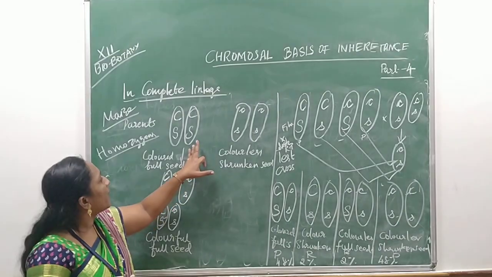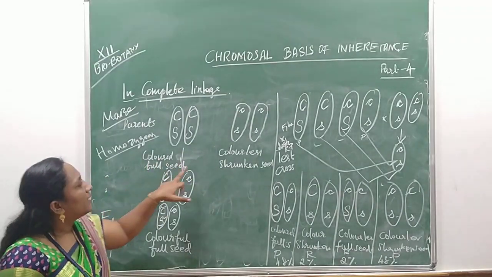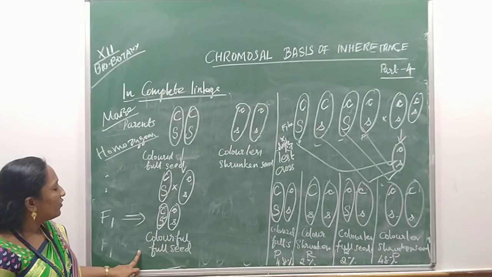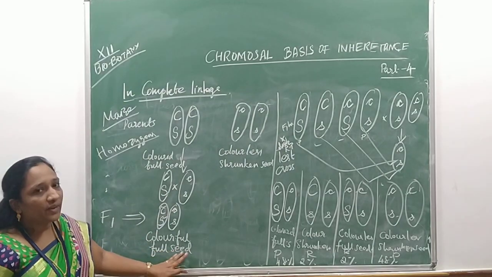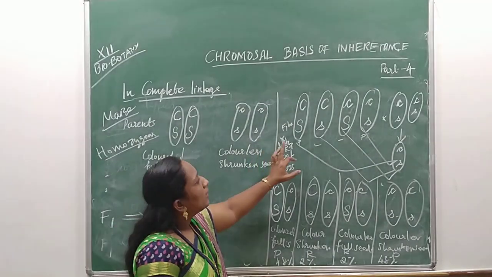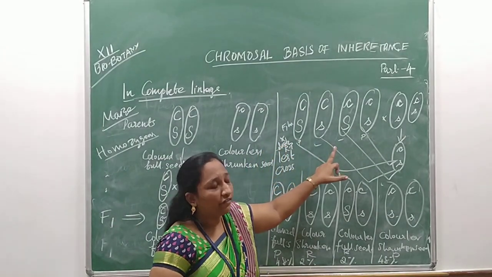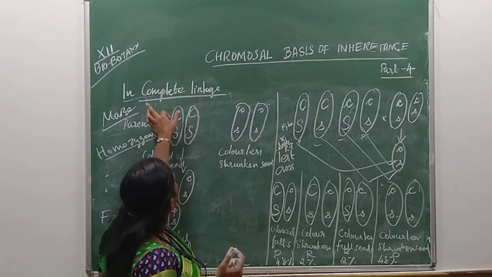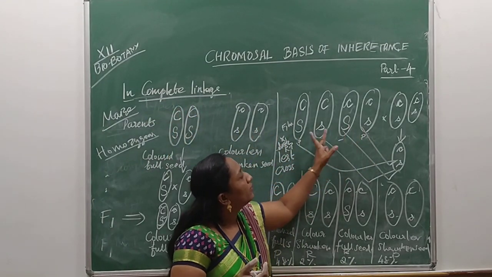So what are the parental characters? Colored full seeded and colorless shrunken seeded. What F1 hybrid are we getting? Colored full seeded. This F1 hybrid undergoes a test cross to get the F2 generation. Because of this incompletely linked gene, we are getting 4 types of gametes.